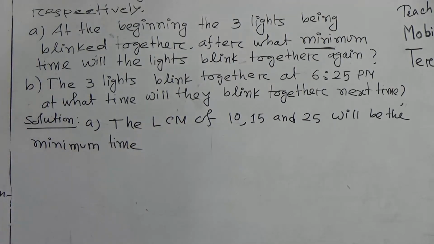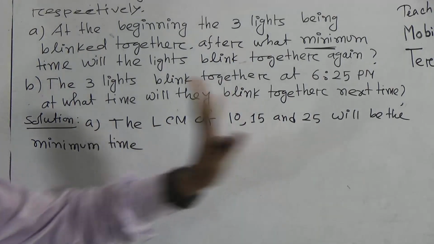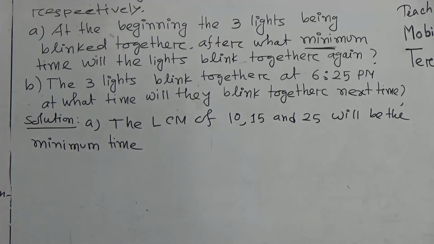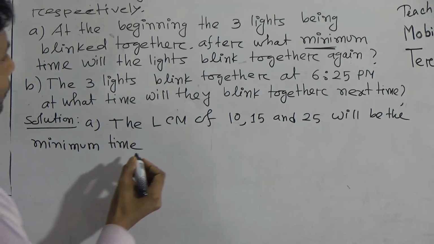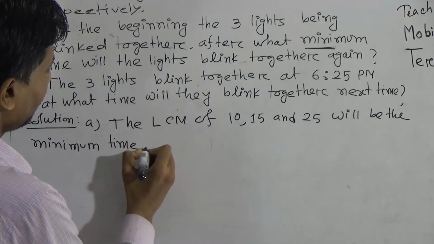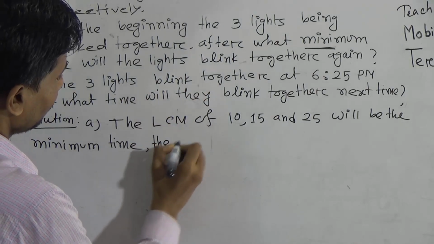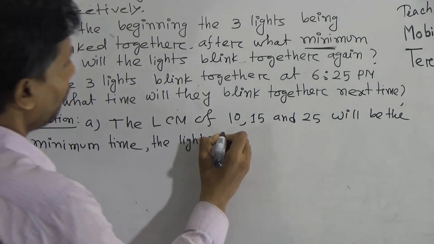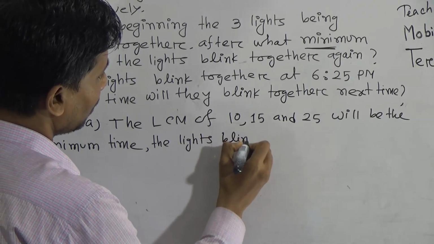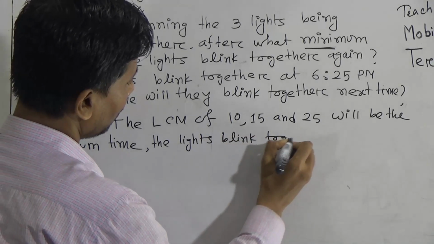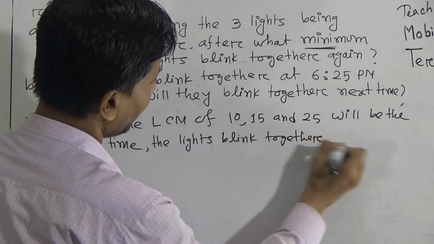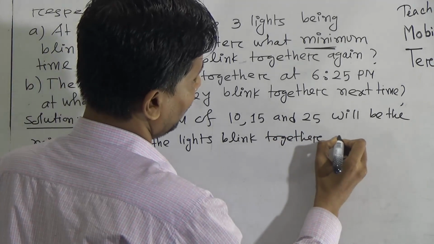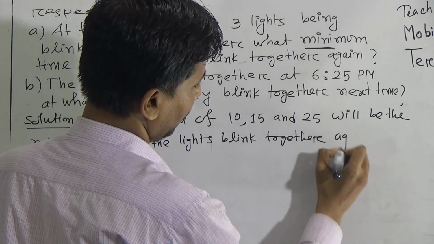The LCM of 10, 15 and 25 will be the minimum time the lights blink together again.